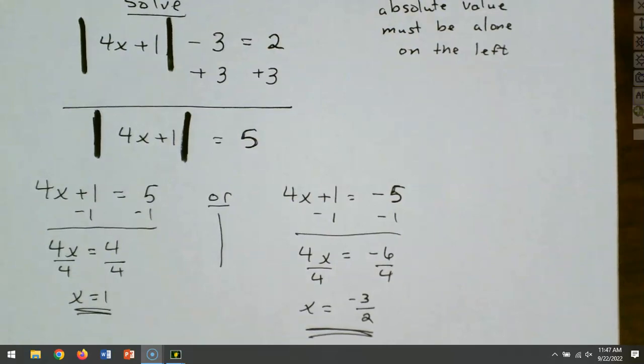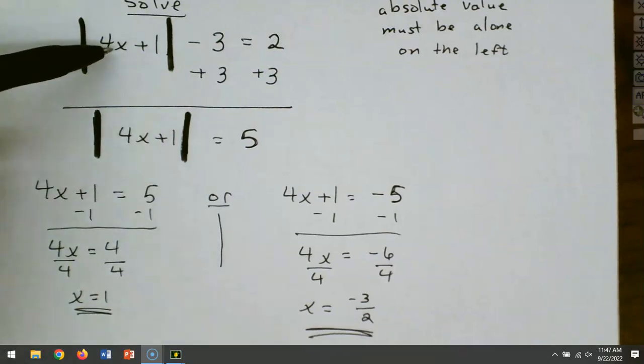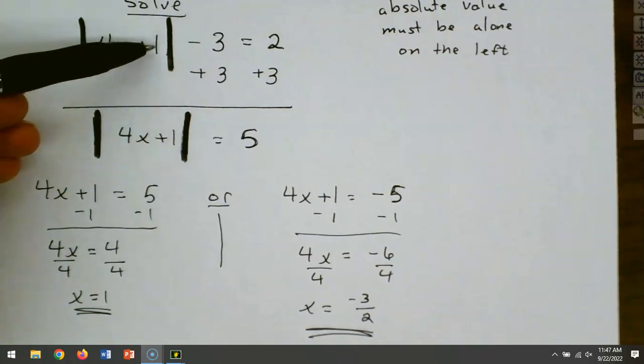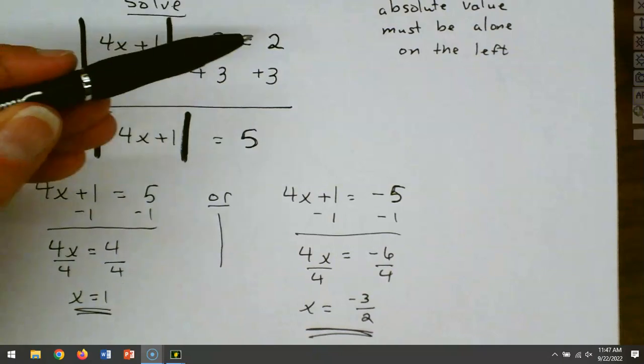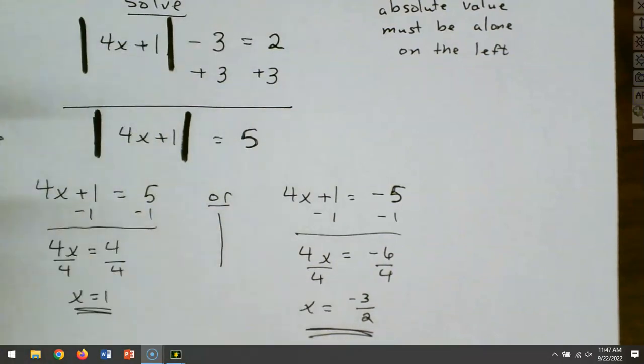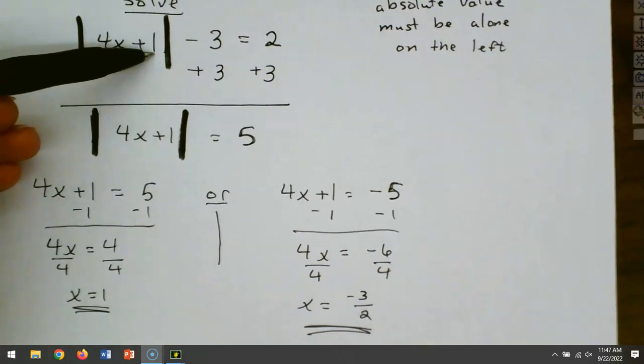Yes, both of them are going to be answers, because if I plug this 1 back in, 4 times 1 is 4, plus 1 is 5. The absolute value of 5 is 5. 5 minus 3 gives you 2. If you plug negative 3 halves in, 4 times a negative 3 halves is a minus 6, plus 1 makes it a minus 5.